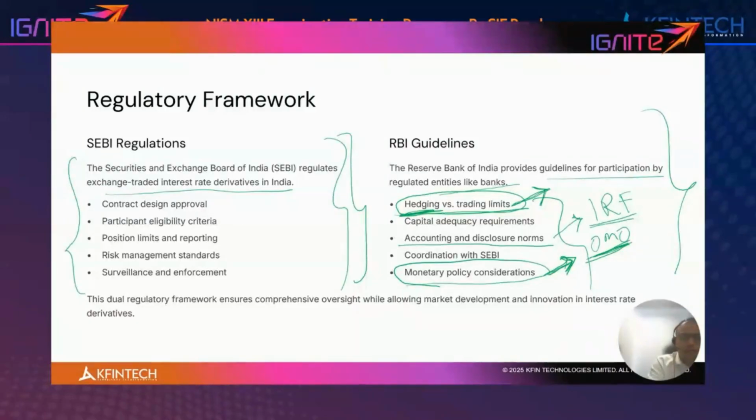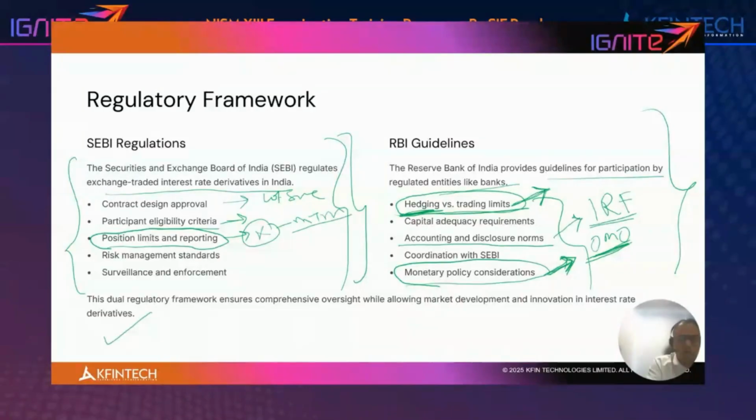And SEBI regulates the exchange trading of the interest rate derivatives. The contract is fixed and designed, so that is the lot size and the tick size. Participant eligibility criteria is designed. Not everyone can get into the interest rate futures market. Position limits and reporting. There is a specific reporting format in which your exposure to leverage, your current mark to market, everything has to be posted.